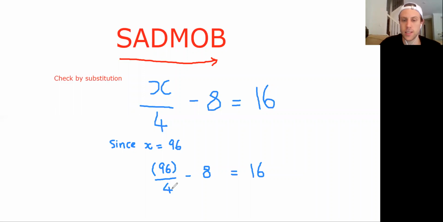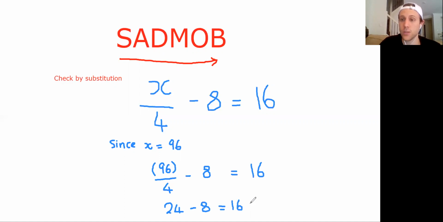And we're going to think 96 divided by 4. Now, if you're going to have trouble with that, then you can go use a calculator. That's fine. But 96 divided by 4 is 24. So we can go 24 take 8 equals 16. If I do 24 take 8, I end up with 16.